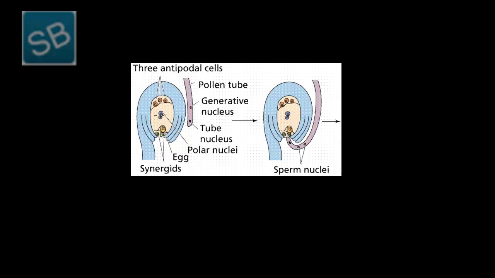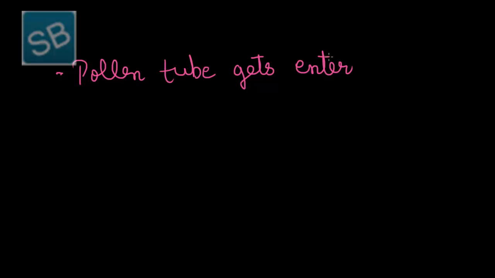The 2 nuclei located in between are known as the secondary nucleus or polar nuclei. Thus, the pollen tube that is developed gets entered into the embryo sac through the micropylar opening.